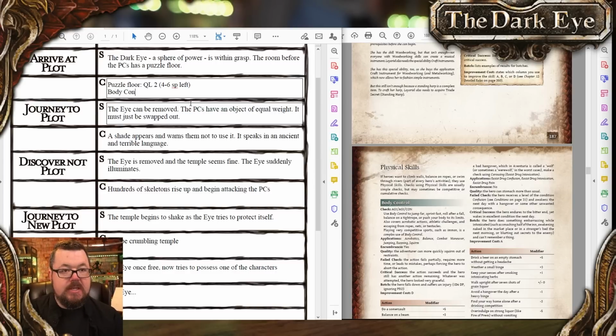Now, what I'm going to be doing in this puzzle is I think that we need to have the characters. Let's think about this puzzle for a moment. Let's have the characters come across, oh, this is an interesting one. The characters come across a room where there are beams across, wooden beams or stone beams, across a floor of spikes, let's say, for example.